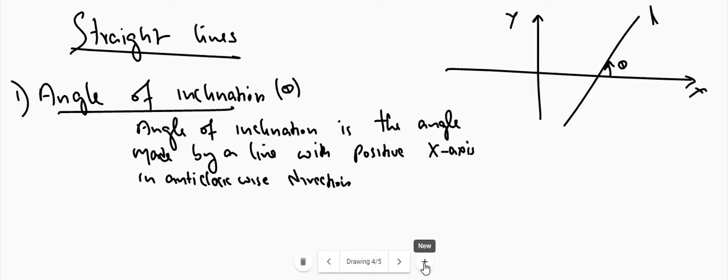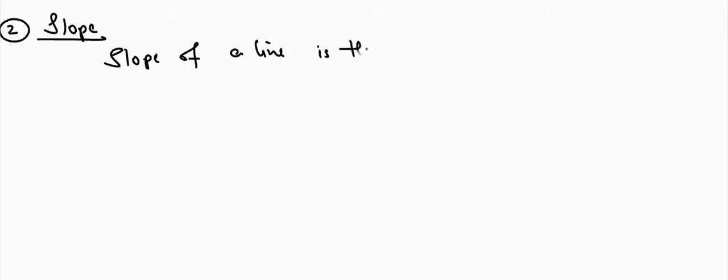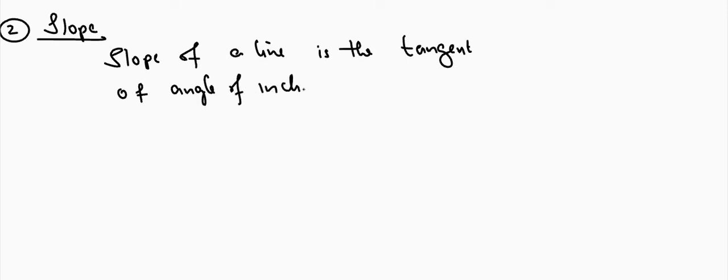Then the next definition is slope of a line. Slope of a line is the tangent of the angle of inclination, and it is always denoted by small letter m.